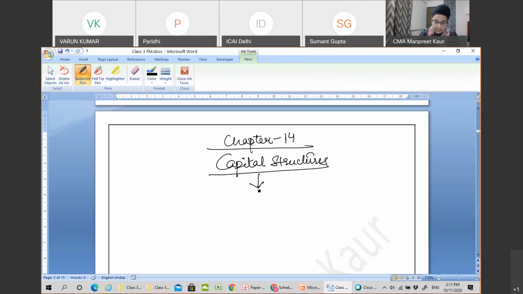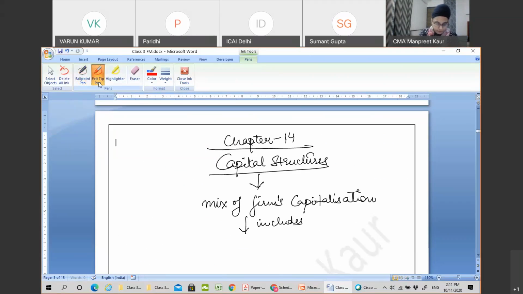Capital structure is the mix of firm's capitalization, and it includes long-term sources of funds. Cost of capital is the minimum rate of return, whereas capital structure is the mix of long-term sources of fund, or we can say mix of firm's capitalization.